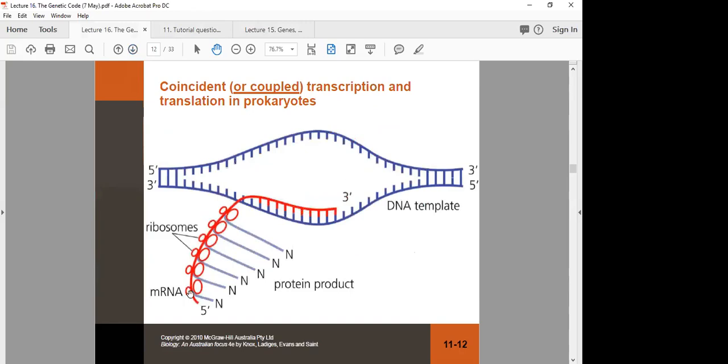So here transcription's taking place, that is the RNA molecule is being synthesized using one strand of DNA as the template, and before it's even been released, before it's even finished being transcribed, already ribosomes are binding to it. And the ribosomes will read the code found within that RNA molecule and as a result start synthesizing polypeptides, as we can see there. So that's coincident or coupled transcription.